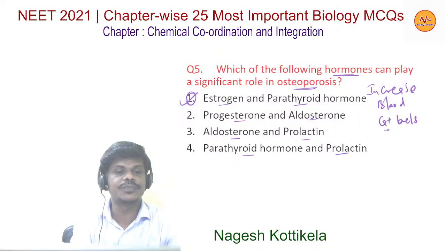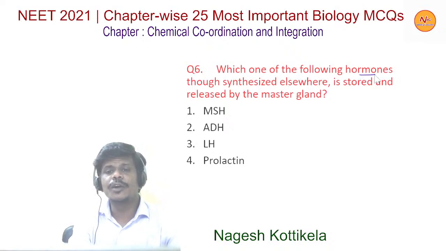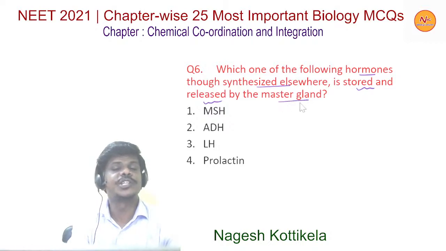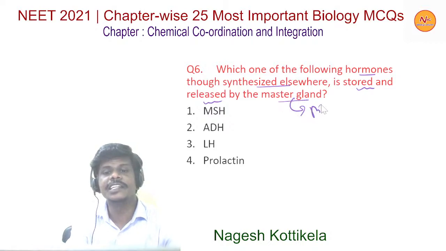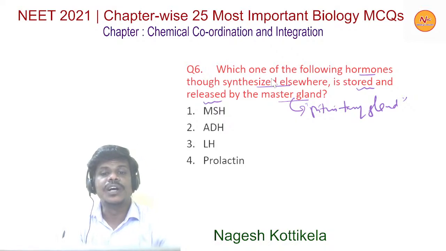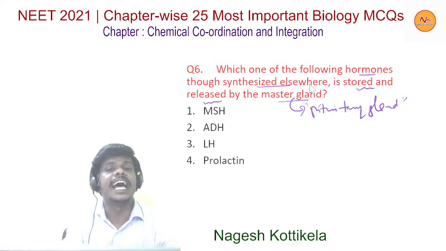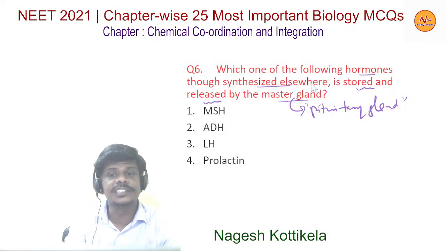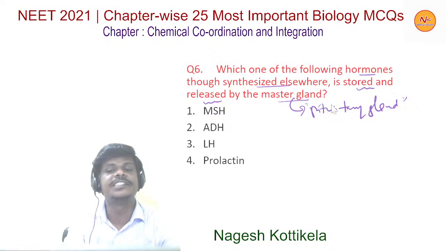Now moving to the next question after this, which one of the following hormones, though synthesized elsewhere, is stored and released by the master gland? And here the master gland is pituitary gland. Okay, and here the question is which one of the following hormones, though synthesized somewhere else, is stored and released by this pituitary gland.